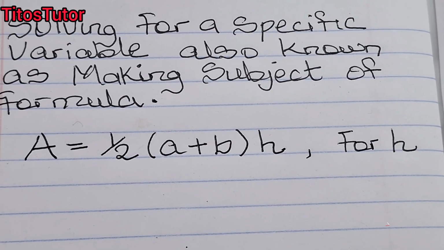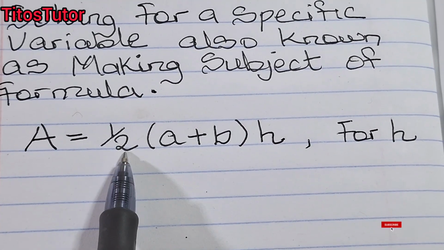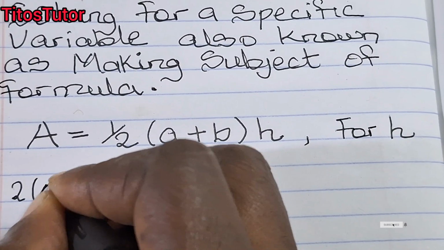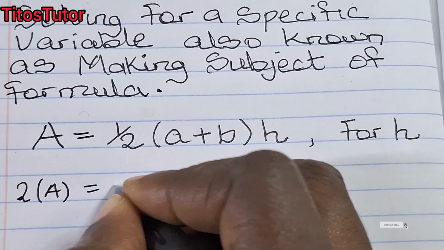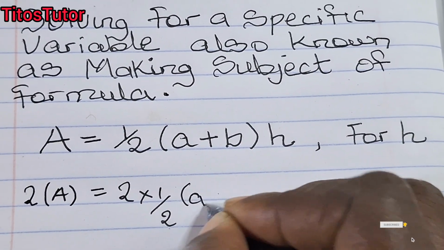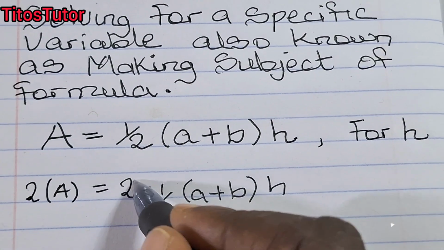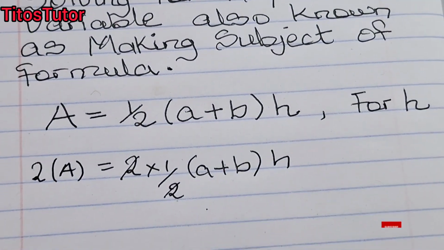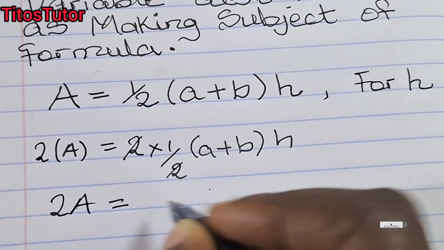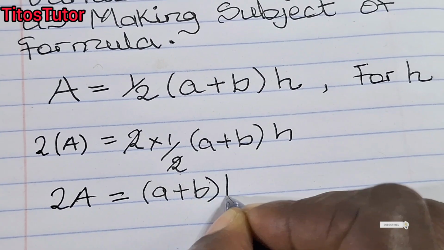So we're going to multiply by 2 on both sides to get rid of this half. So 2A equals 2 times 1 over 2 times (a plus b)h. This 2 cancels this 2, so we have 2A is equal to (a plus b)h.